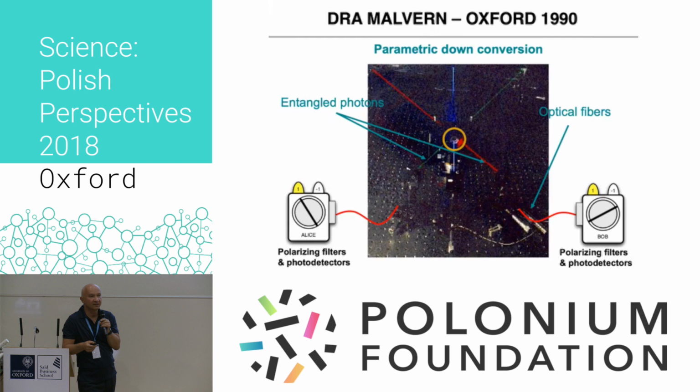It's now called QinetiQ. And so John Rarity, Paul Tapster and I decided to make a proof of principle. But the funny thing was that even though we wanted to set up this experiment and run it, the local management was not very happy about it for all kinds of reasons.